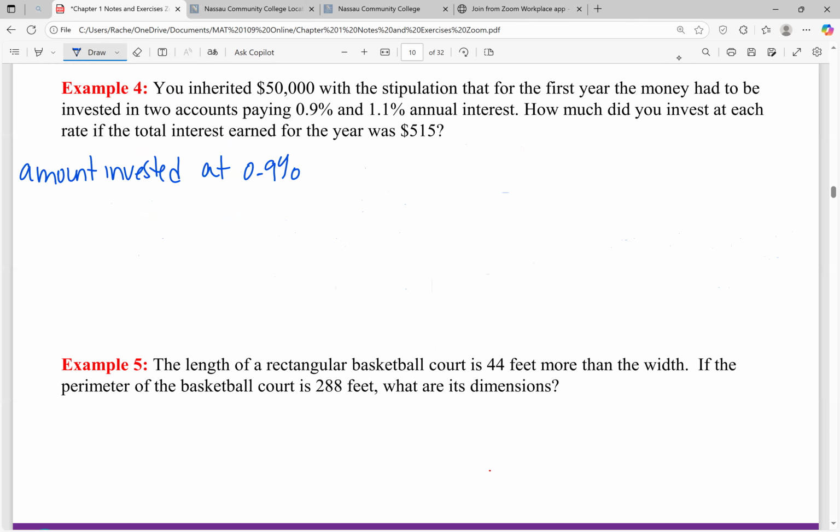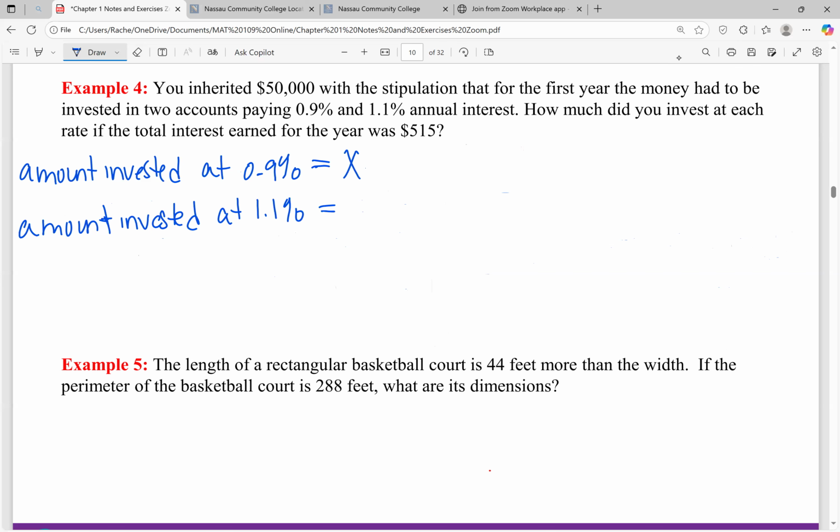And then we're going to have an amount that we're going to invest at a 1.1% interest rate. Now, remember, I don't know how much I'm putting into each account. So let's just say I'm going to put X dollars into the account that's earning 0.9%. I'm just going to call it X dollars.